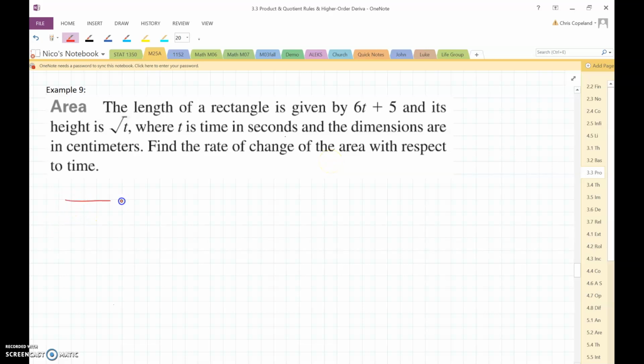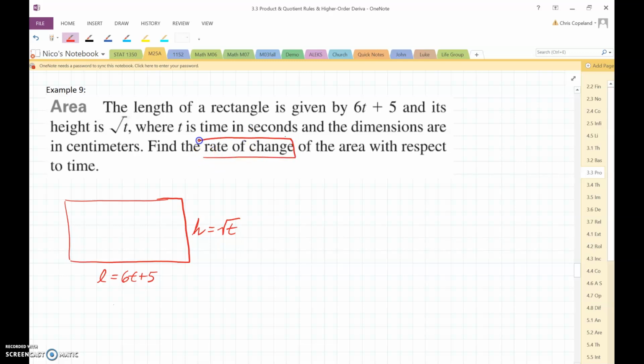Alright, so we have a rectangle. And the length of the rectangle is 6t plus 5. And the height of the rectangle is the square root of t. Okay, we want to find the rate of change.